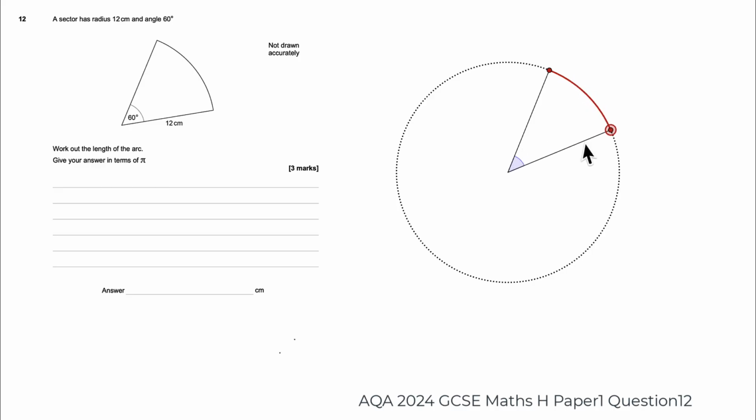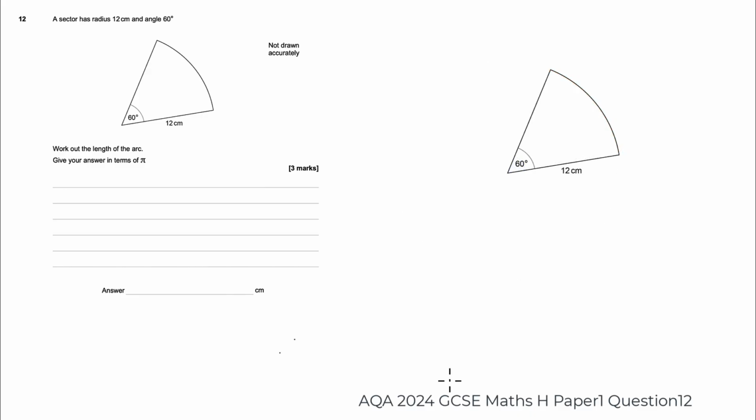So let's get back to the angle that we started with, 60 degrees. The length of the arc that we're looking for will be 60 compared to 360, that fraction of the circumference.